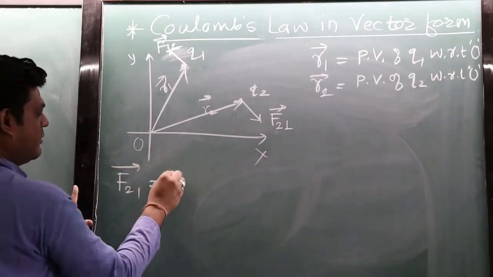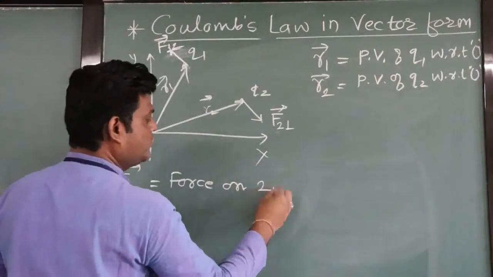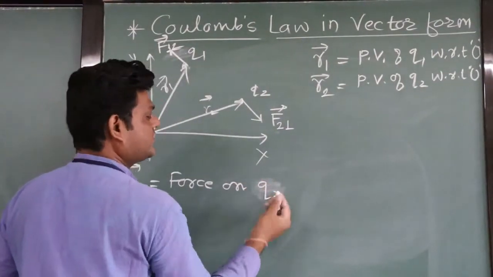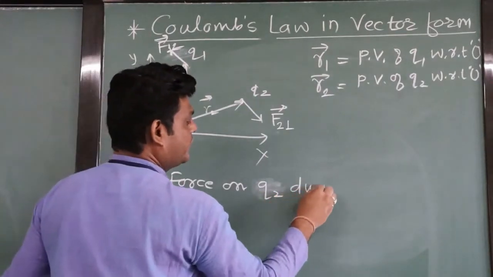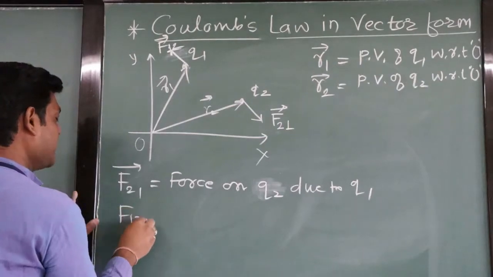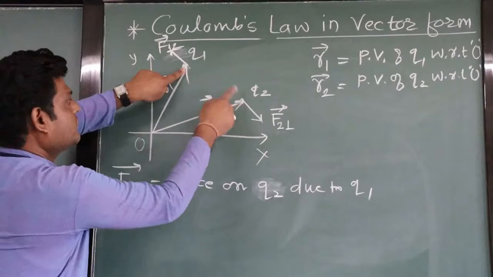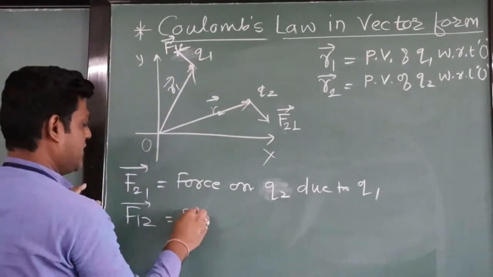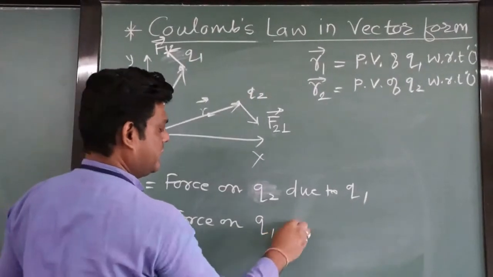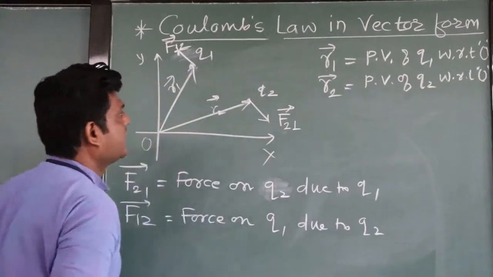F21 means force on charge q2 due to q1. Similarly, what is F12? F12 is the force on q1 due to q2, right?